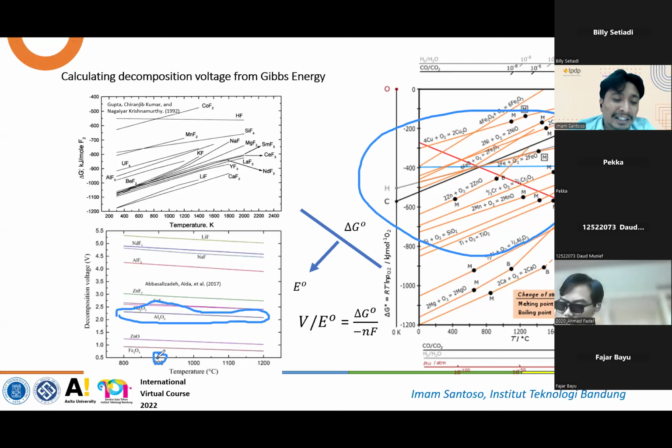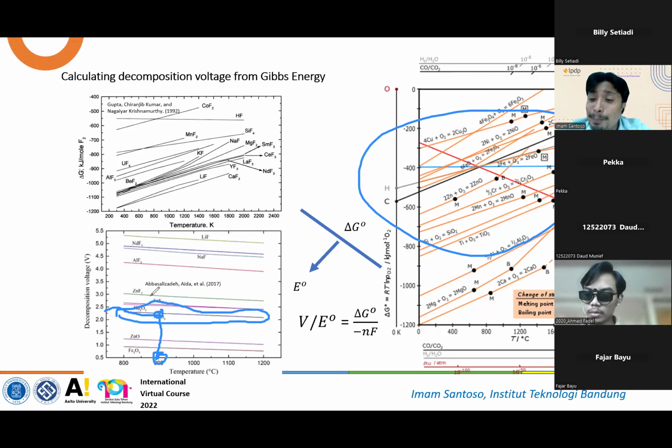Then from 900 going up until it hits the aluminum oxide. You can see here the decomposition potential of aluminum oxide is this one, around 2.4. The decomposition of aluminum oxide at 800 is 2.4.